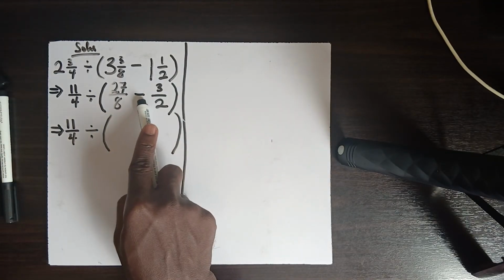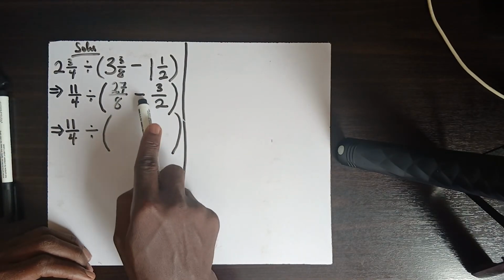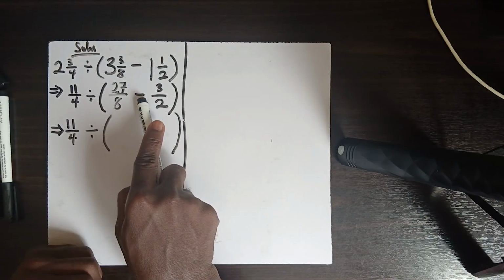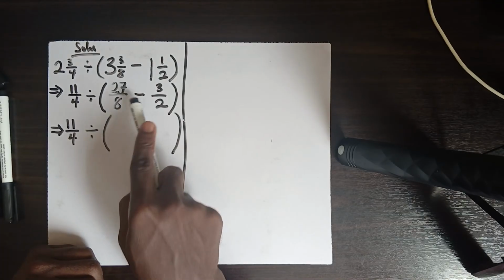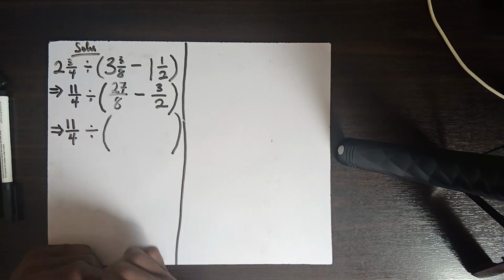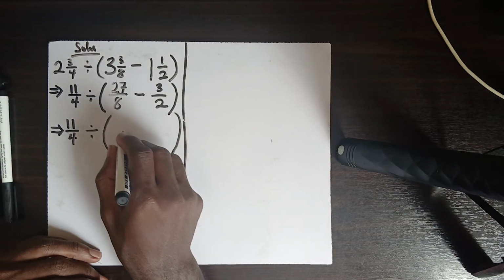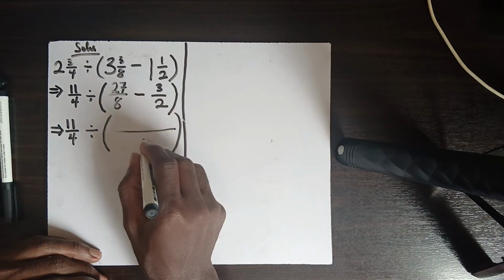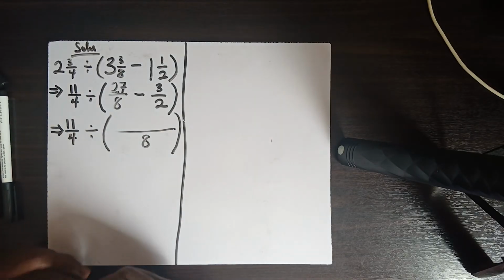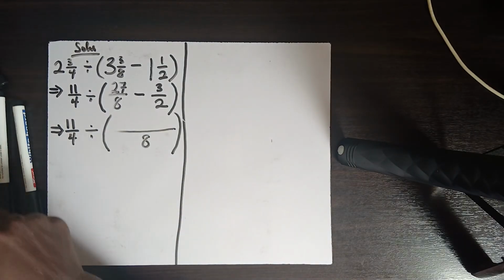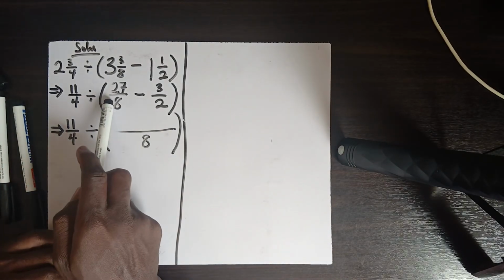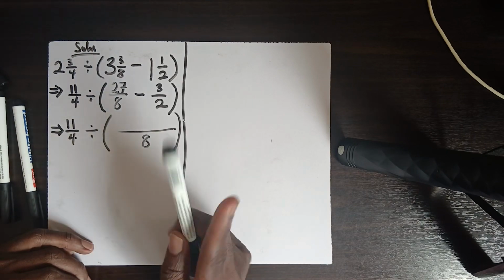The symbol in between the two terms is the subtraction symbol. That means we need to find the LCM of 8 and 2. And the LCM of 8 and 2 is 8. Now you ask yourself, how many times will 8 go into 8? It is just once.